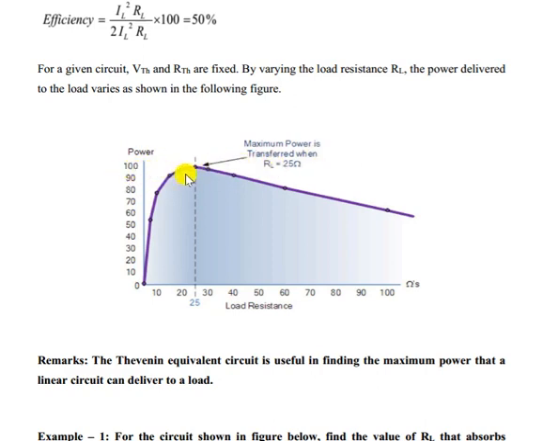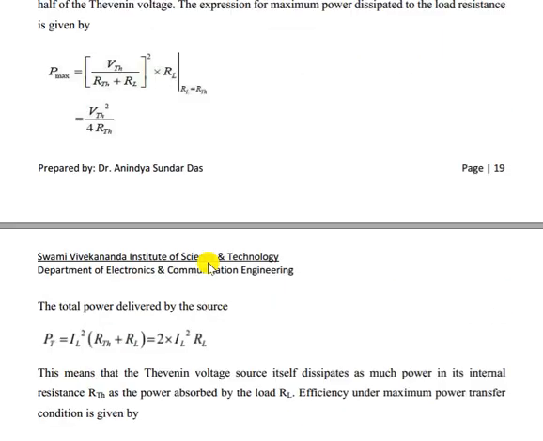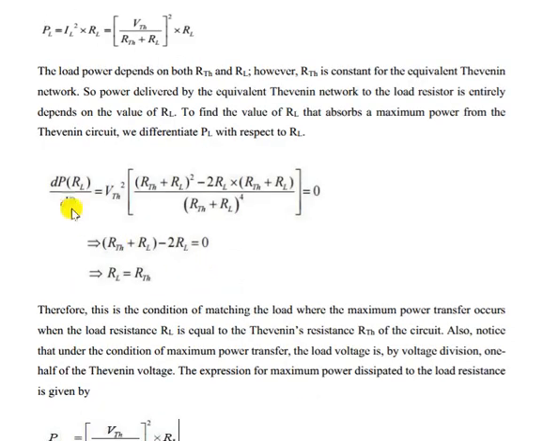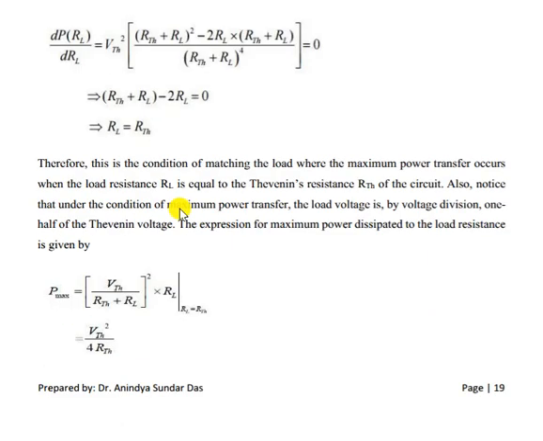When that slope is equal to 0, that means it is parallel to the x-axis, that is the maximum point. So we differentiate power P with respect to RL and equate to 0. If you do the derivation, you will get RL equal to RTH.